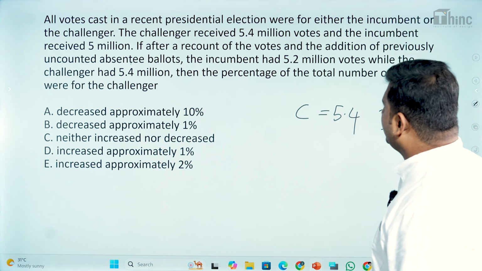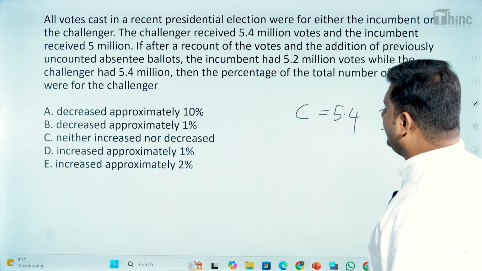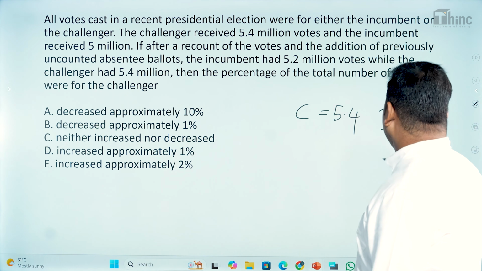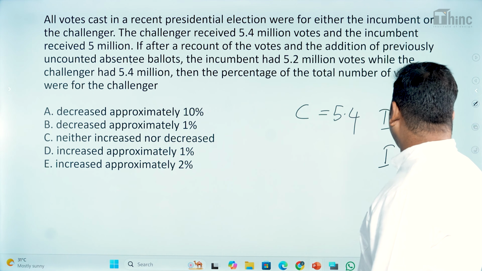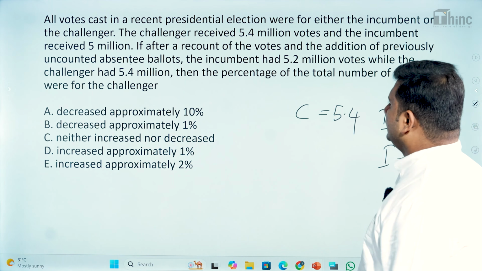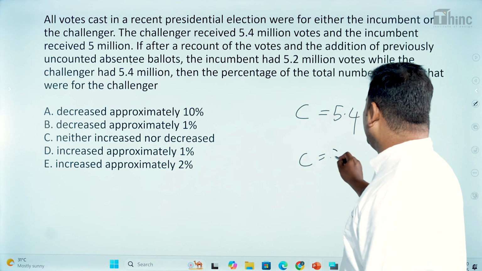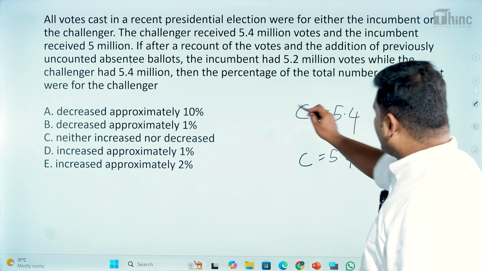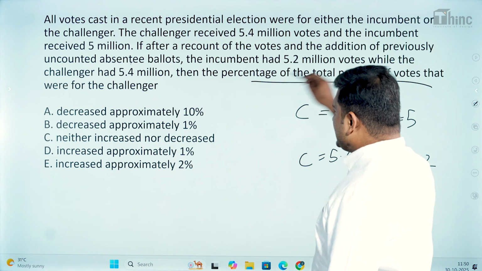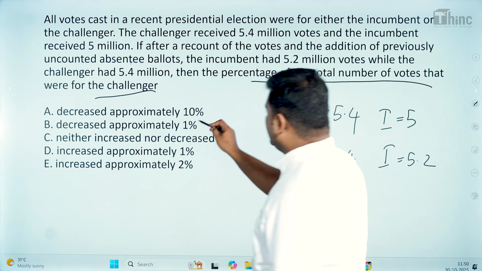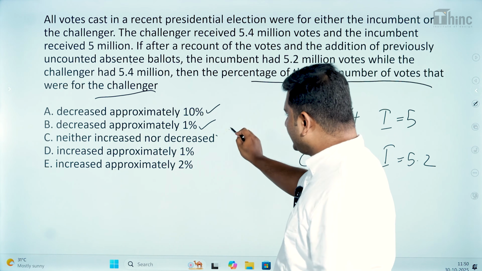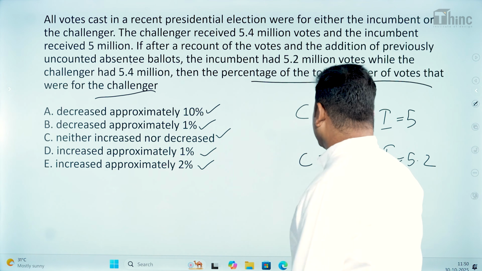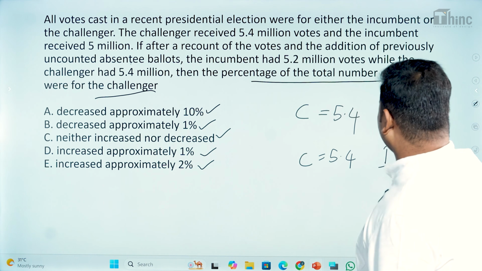Now after the recount of the votes and the addition of previously uncounted absentee ballots, the incumbent received 5.2 million votes and the challenger received 5.4 million votes. Now the question is, what percentage of the total votes is for the challenger? Whether it decreased, increased, neither increased nor decreased, what is actually happening?